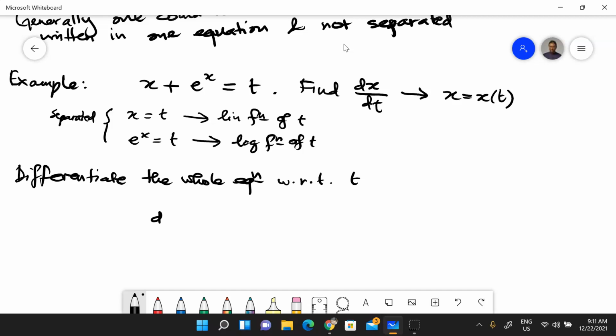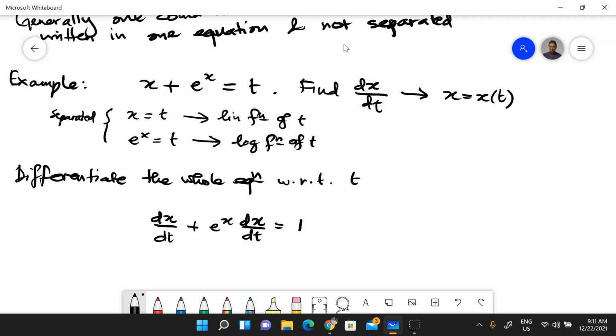So that gives me dx/dt. And then differentiate e to the x with respect to x first, and then differentiate x with respect to t. That will give me e to the x times dx/dt. And t differentiated with respect to t is just equal to 1.